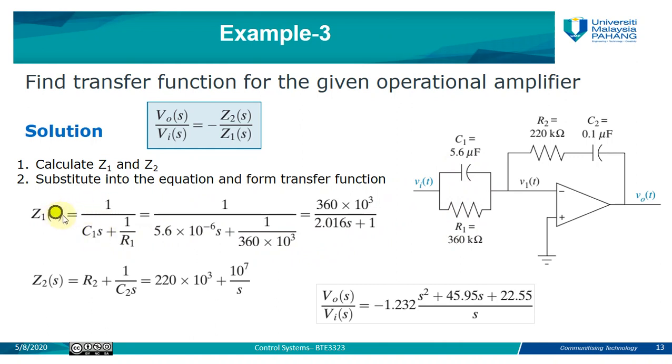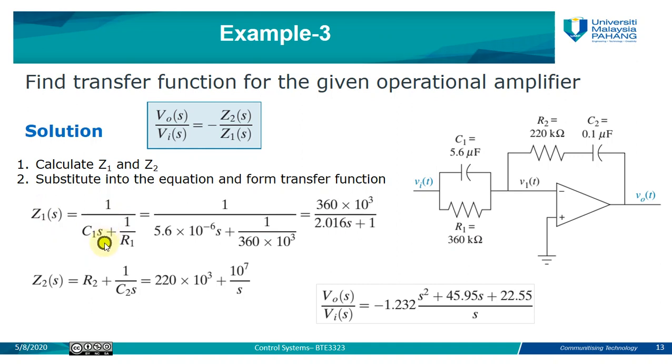Since it's in parallel, it's like the case of parallel resistors: 1 over R1 plus 1 over R2 plus 1 over R3 equals 1 over R equivalent. So here, the same: Z1 becomes 1 over, the first impedance is C1s.